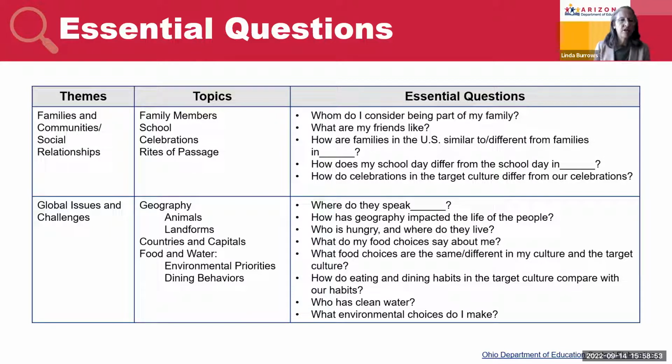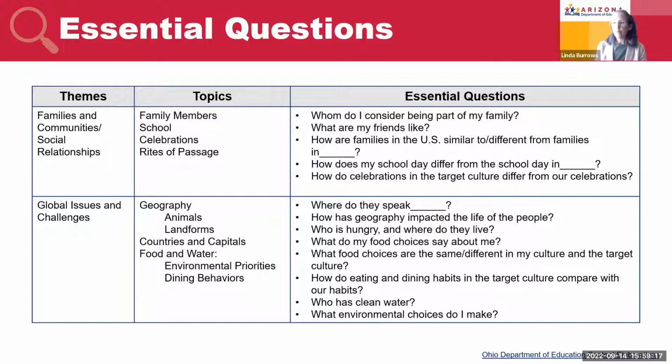So essential questions, as you're thinking about them, are probing questions that you want students to be able to ask and answer throughout the whole unit. You want to develop both summative and formative questions, and those summative questions should then be tied to your unit assessment.